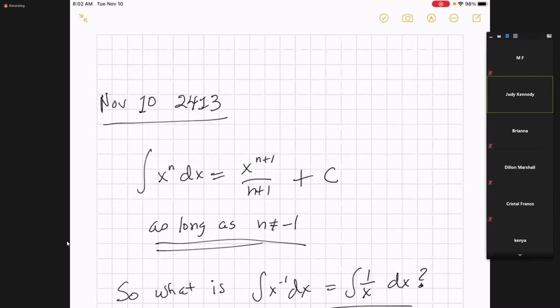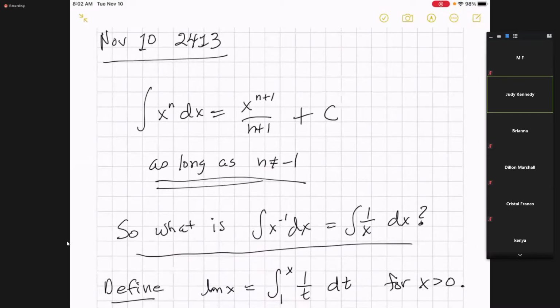Well, we've been talking about integration now. We're pretty far into it. And one of the rules we have is that an antiderivative of x to the n power is x to the n plus 1 divided by n plus 1. That works fine as long as n is not equal to minus 1.